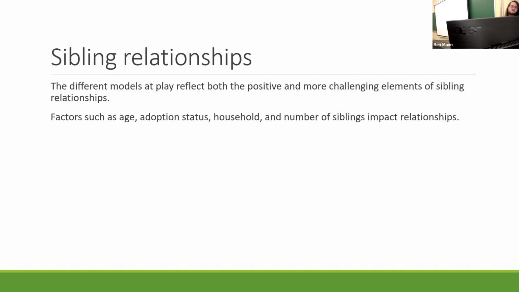So this reflects both the positive and challenging elements of sibling relationships, right? To give you one example of this, in my family, I have an older sister. She's a half sister on my dad's side, and she's 17 years older than me. We spent a lot of our time apart growing up. My partner is the exact opposite.